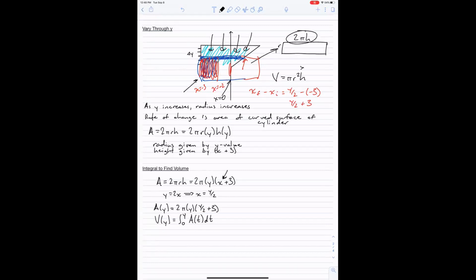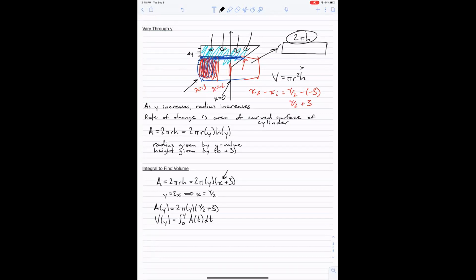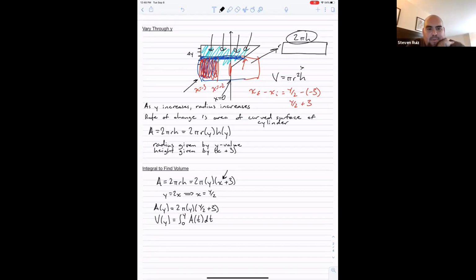Also, I was just wondering if you were to take a strip at the last y value or delta y value up to 2 and then rotate it around the x-axis, it would have that cone taken out of it, right? Right, so the one thing to keep in mind is that you're not taking that whole cylinder's volume, you're taking the volume added just from that thin little sheet you made.